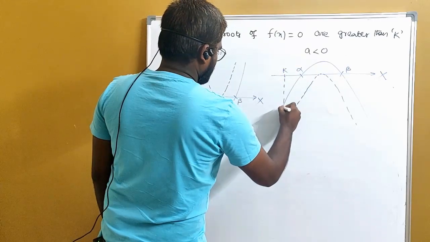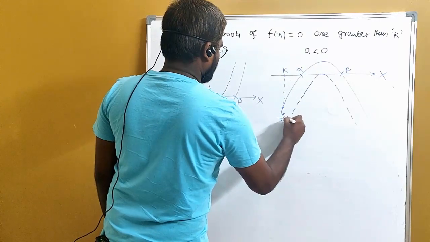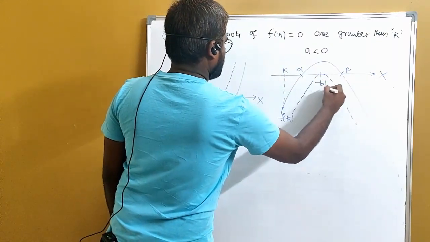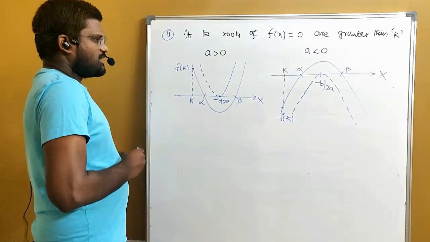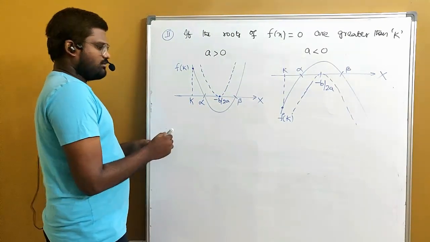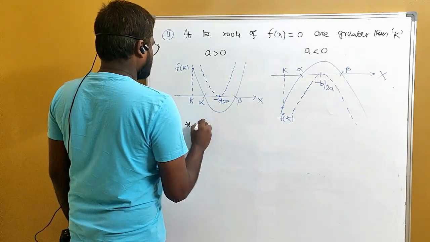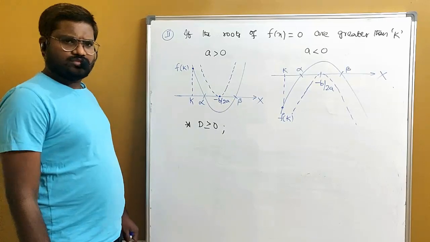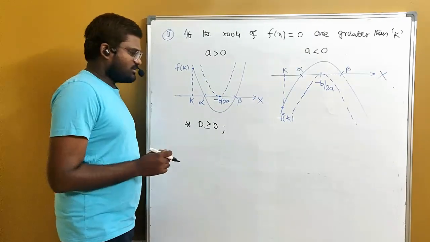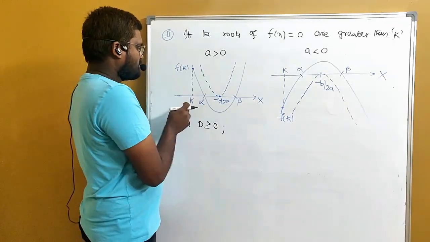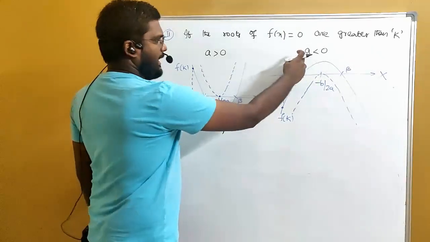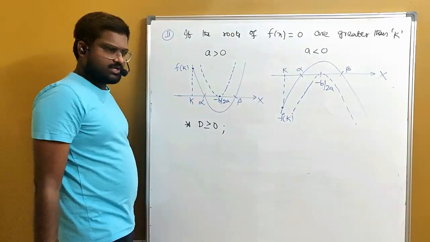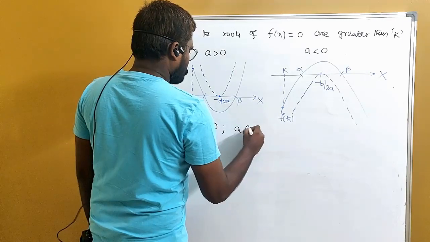So definitely this will be f of k. Now this is minus b by 2a. Now from these two diagrams, we can write down the restrictions. First one, discriminant is greater than or equal to 0. And the second restriction, obviously, a is positive, f of k is also positive. A is negative, f of k is also negative. Again this restriction will not be changed.